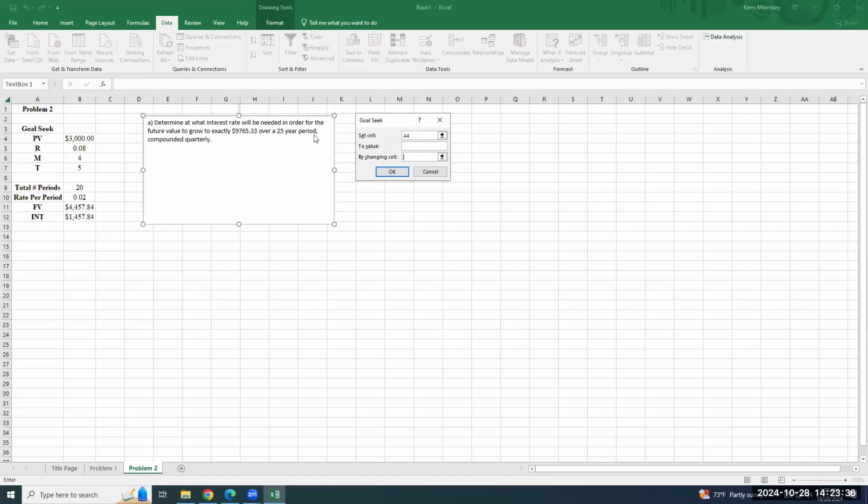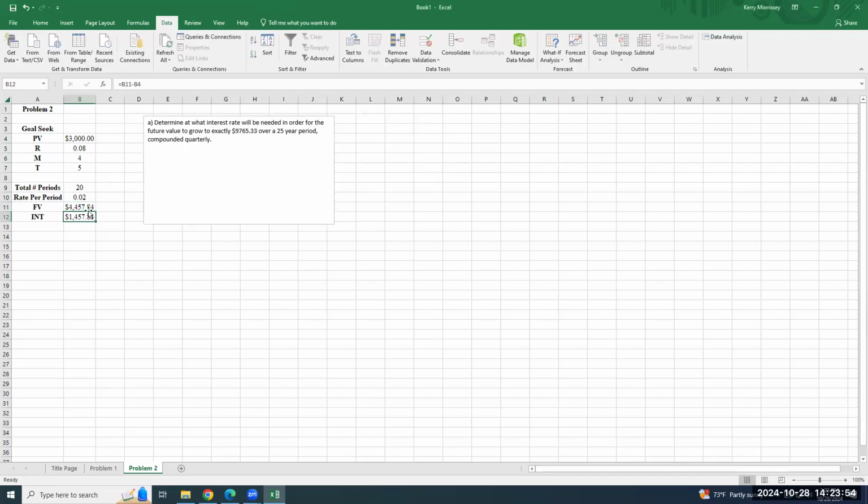If we want it to be a specific amount, it'll be here. This is the cell that it's going to correlate to, and then we want to change the amount here by varying the value. The reason why we copied it is because these values need a specific time, which we can set as well.